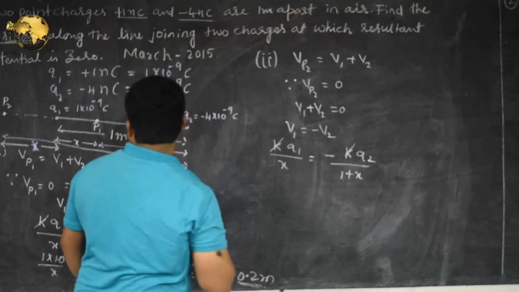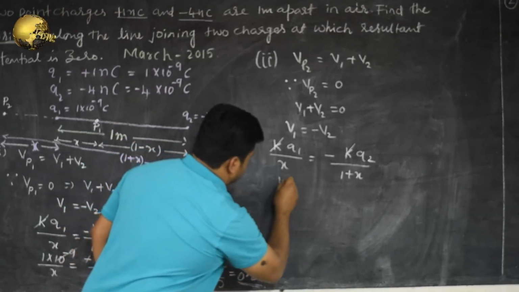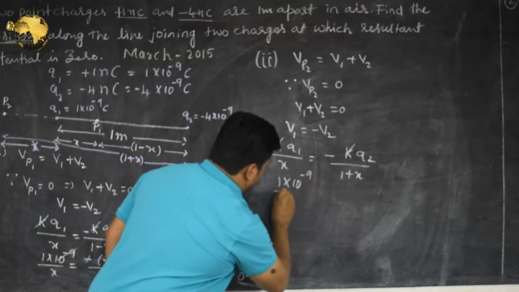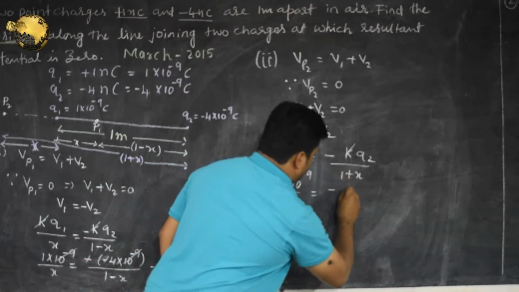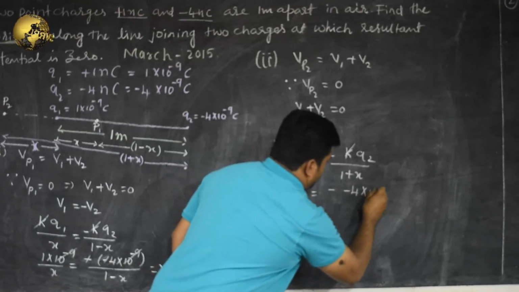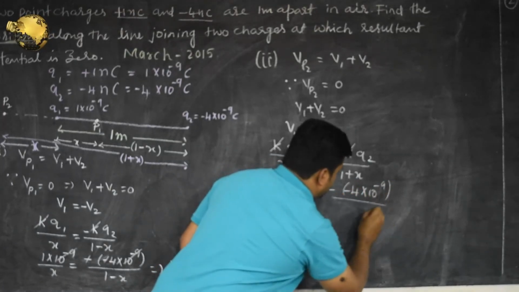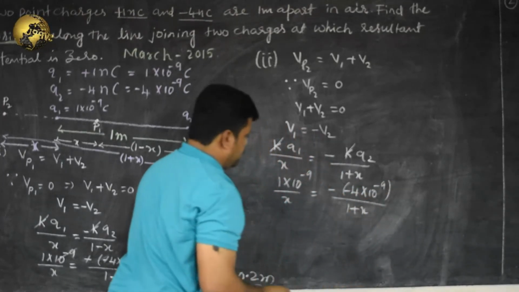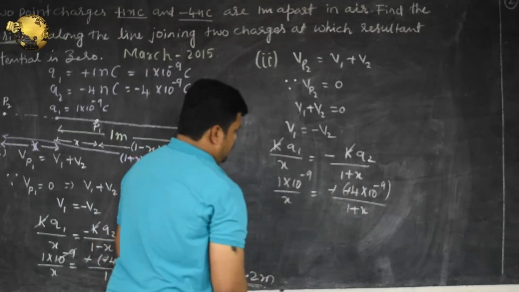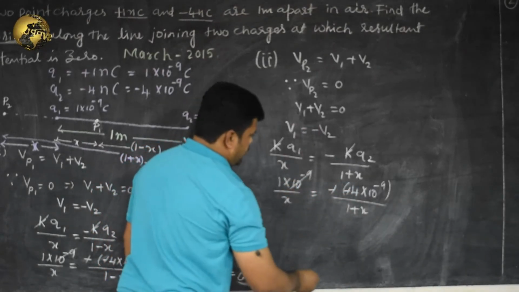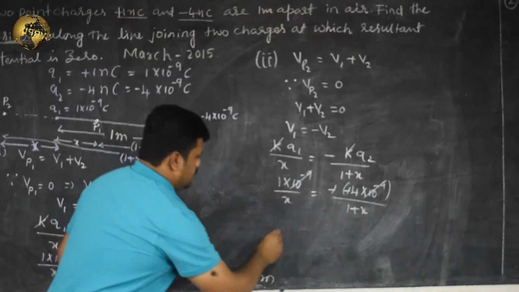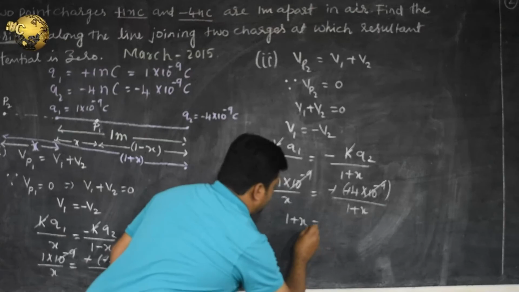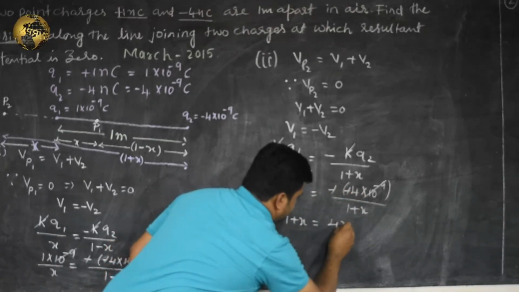Q1 is 1 nanocoulomb, that is 1 into 10 to the power minus 9 divided by x, which is equal to minus of minus 4 into 10 to the power minus 9 divided by 1 plus x. Minus into minus is plus, and the 10 to the power minus 9 cancel. So on cross multiplying, I get 1 plus x is equal to 4x.